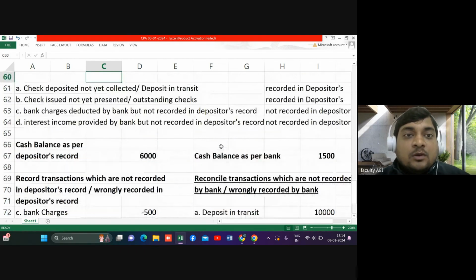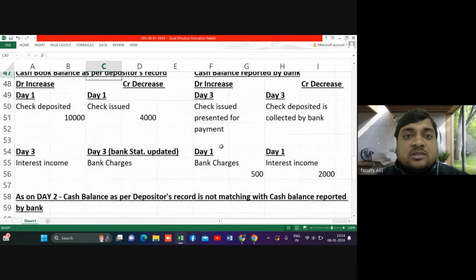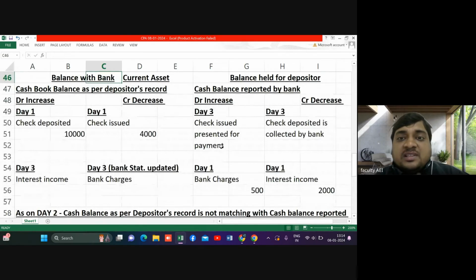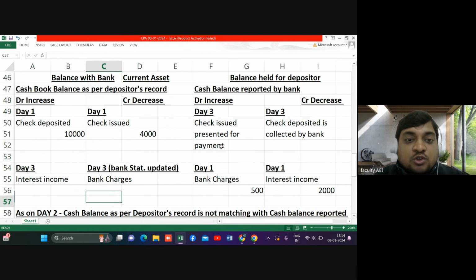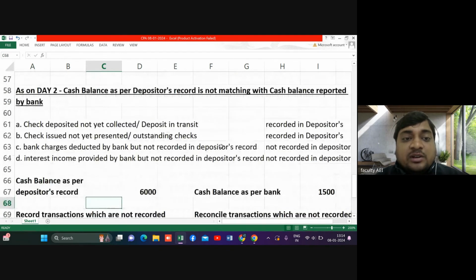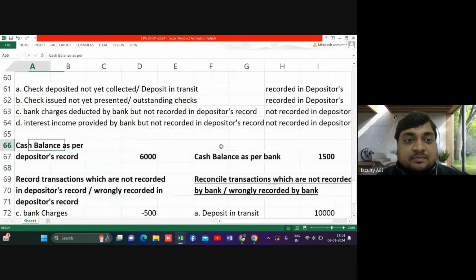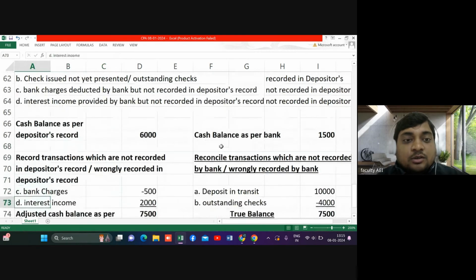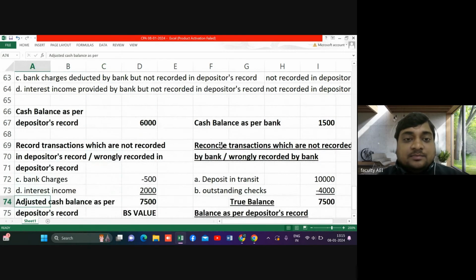Okay. So what we need to do, we need to find out the causes of difference first. And you're very lucky that they will be providing you with these causes of differences. So we need to start with your depositor record cash balance and do whatever is not recorded yet in your depositor record. Simply record these.